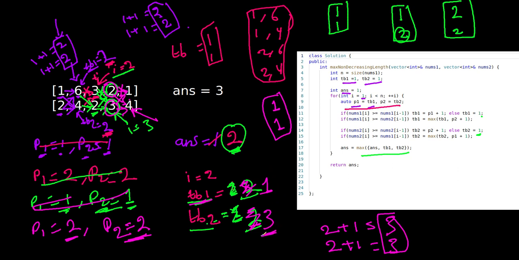And the maximum between tb1, tb2 and the answer is 3, so we update the answer, and this will be the final answer. And this is correct because you can take this subarray 2, 3, 4 and the length is 3.